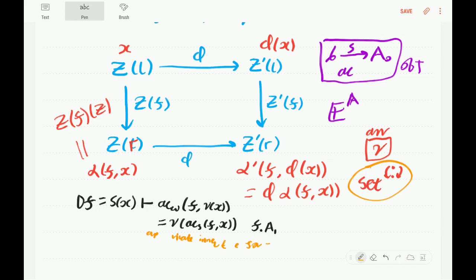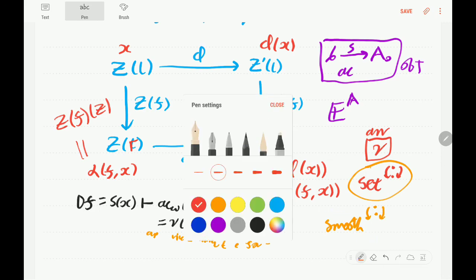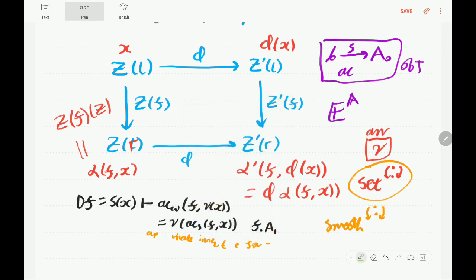Let's say you were dealing with, say, the category of smooth spaces, and then you want to make graphs over that. So I presume you can model this category inside the category of smooth spaces, as one of these internal categories, and then you can do this kind of internal construction.